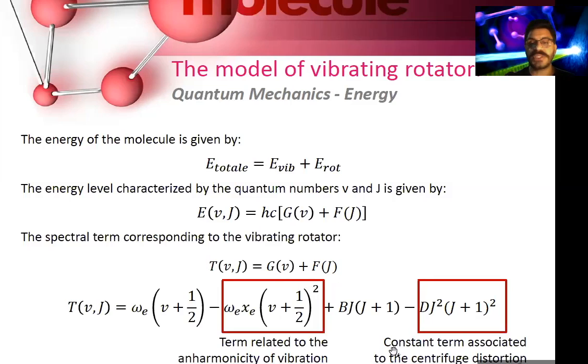Plus F(J), which is B_J (J plus 1) minus D_J squared (J plus 1) squared, which is the term coming from the correction due to the centrifugal distortion. So it's just like a summary, if you want, of chapters 2 and 3. And this is why I would like you to focus your study on this chapter. So we add the G term and the F(J) term.